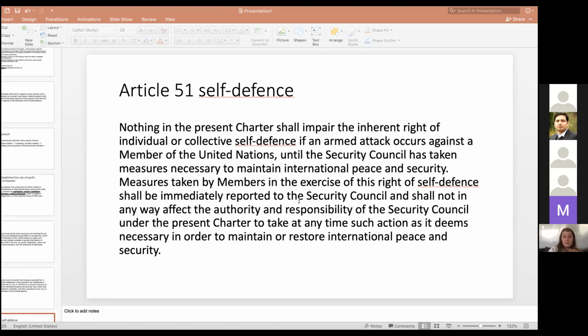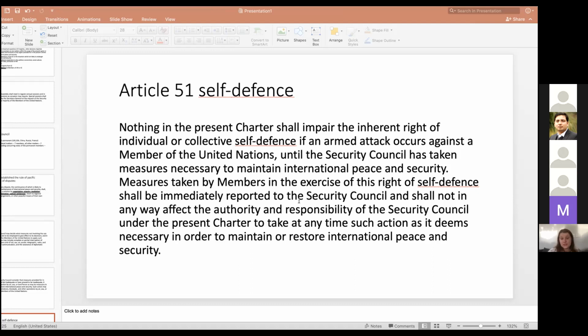What is very important is that the Economic and Social Council prepares draft conventions for submission to the General Assembly, calls international conferences, enters into agreements with specialized agencies, and reviews reports from specialized agencies.